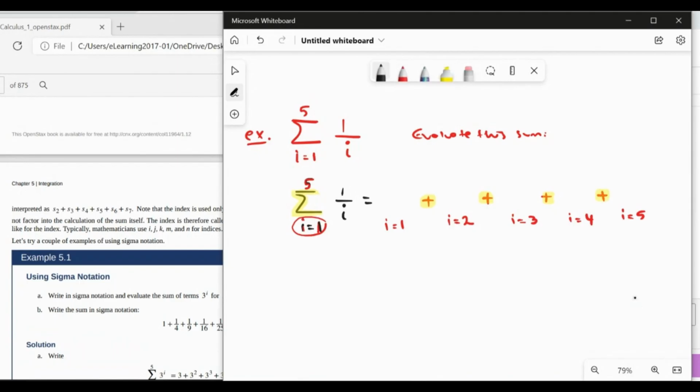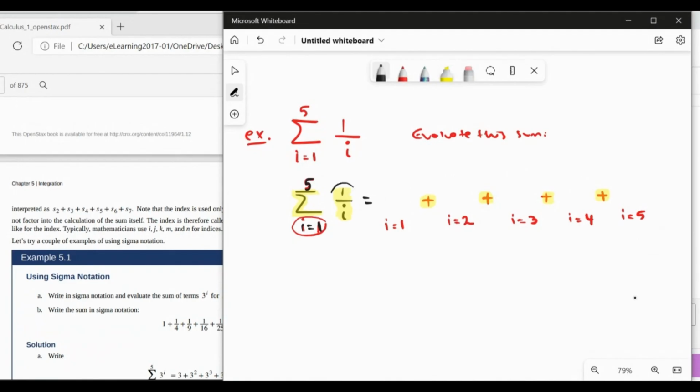Because I is changing from 1 to 5, for each I value we will find some expression and we will just add them. So what are these expressions? Where do we find them? It is written right next to the sigma notation.